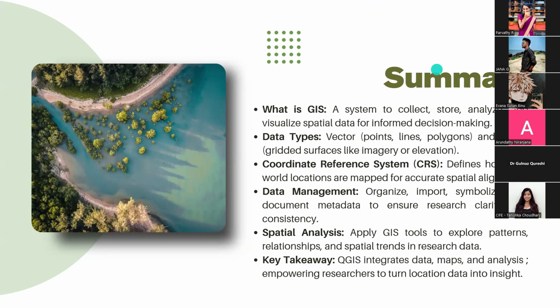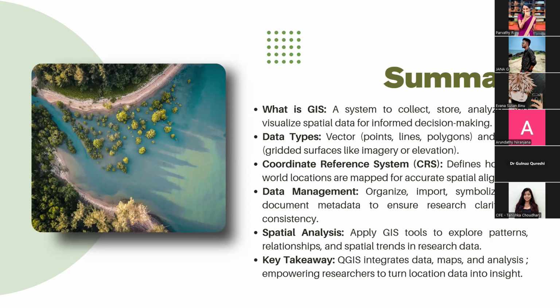Let's see a quick summary. We have just seen what GIS is. It is a system to collect, store, analyze, and visualize spatial data for informed decision making. Then we learned about the types of data: vector, which is discrete data, points, lines, and polygons; raster, a gridded surface with pixels, which is continuous data.